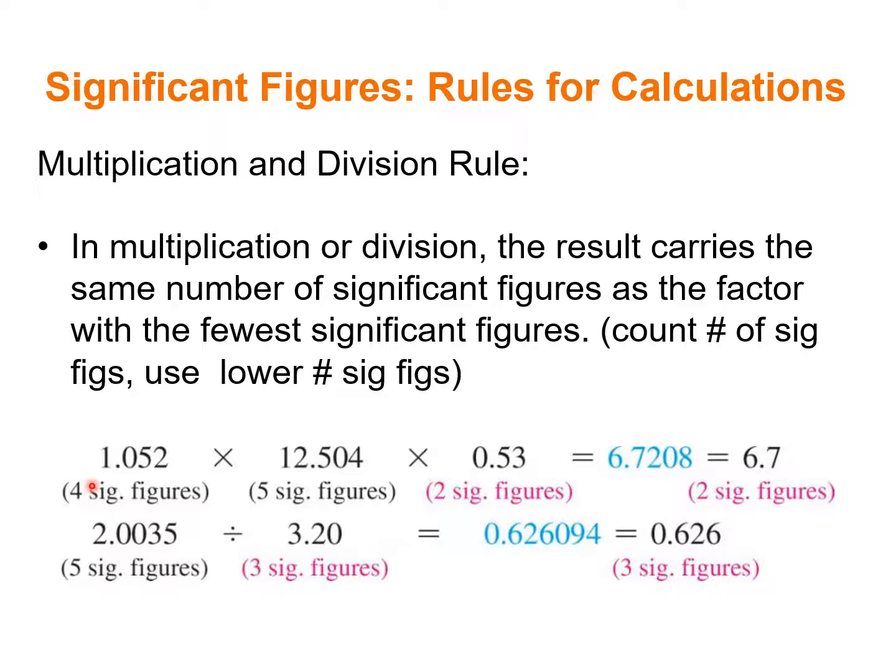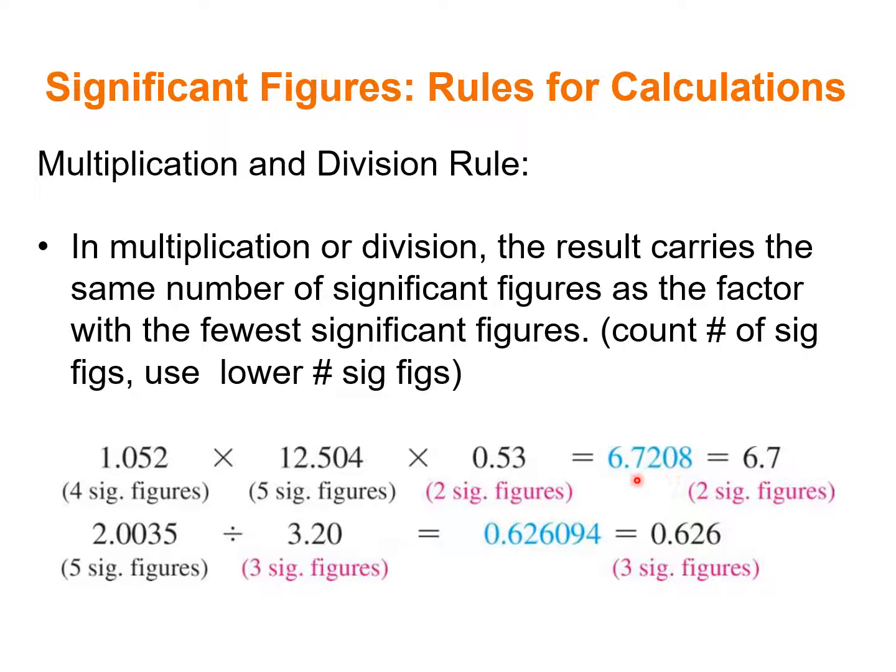So here are some examples. Here we have 4 significant figures. Here we have 5 significant figures: 1, 2, 3, 4, 5. Here we have 2 significant figures. That leading 0 is not significant, so there are only 2 significant figures here. This is what your calculator spat out.